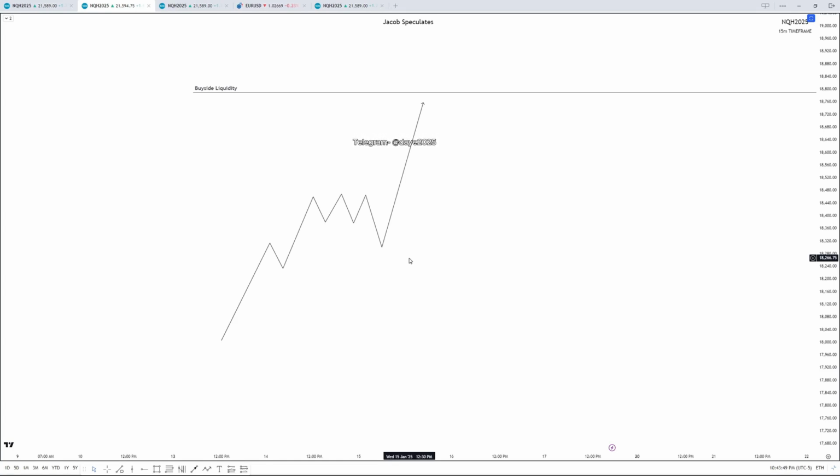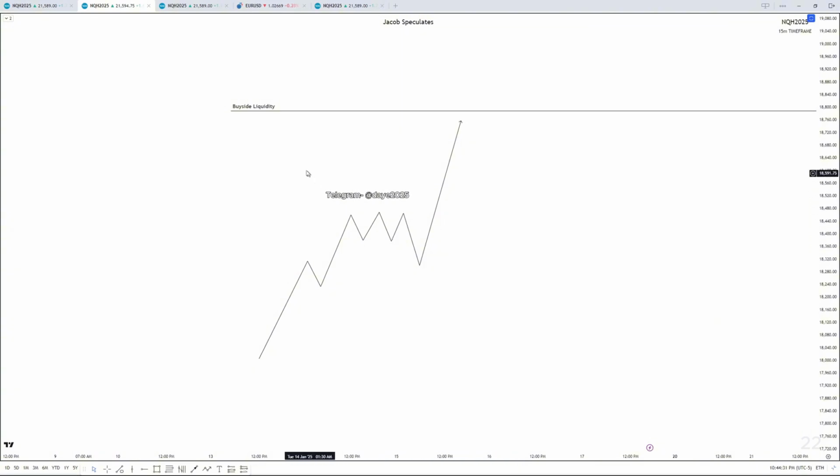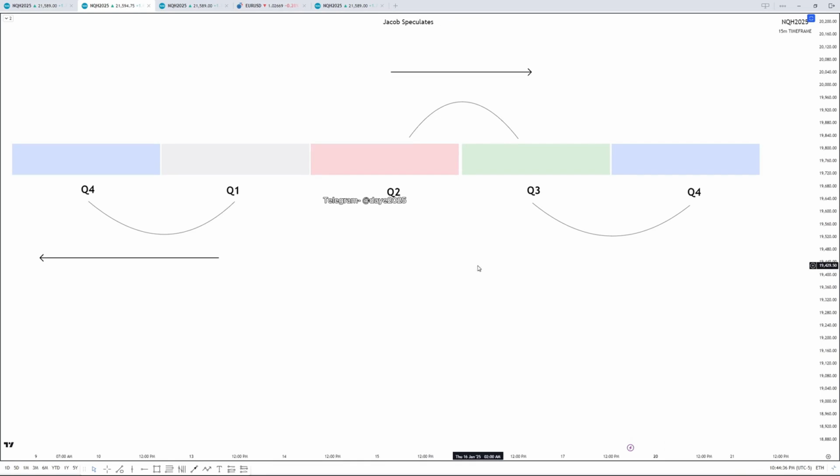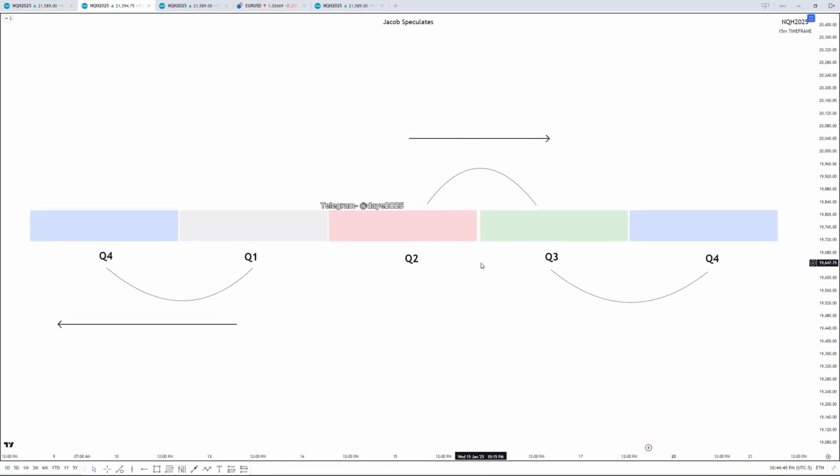So red folder news days, and this is part of why I explained on Sunday that red folder news days are generally higher probability. So we can predict what the move of the news would be with this.